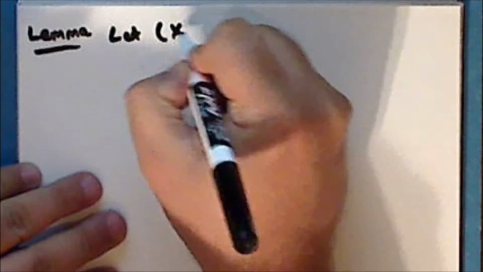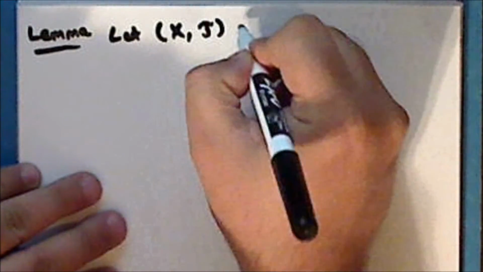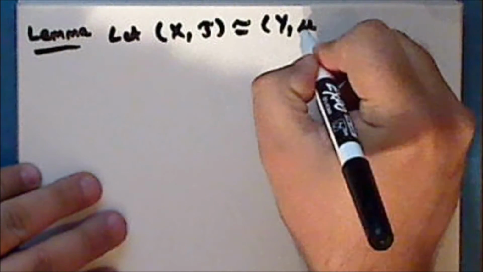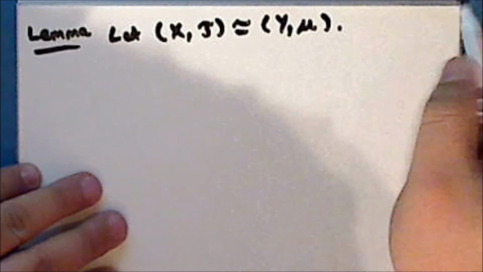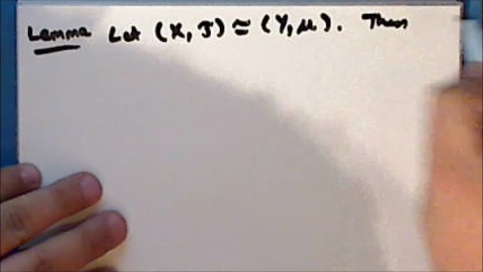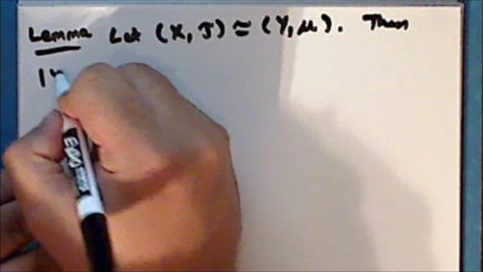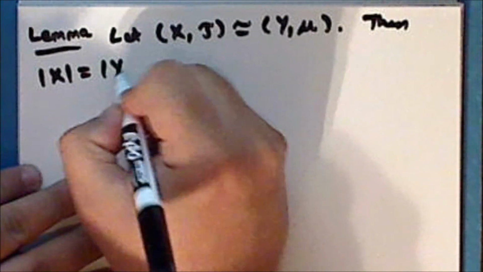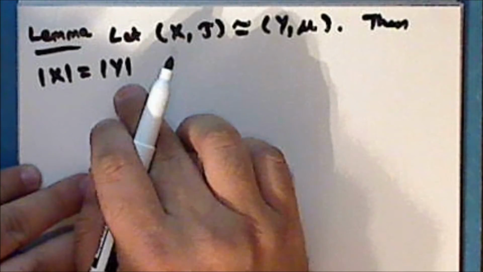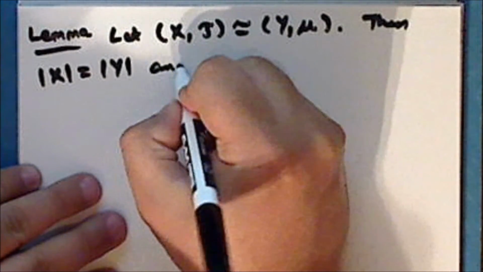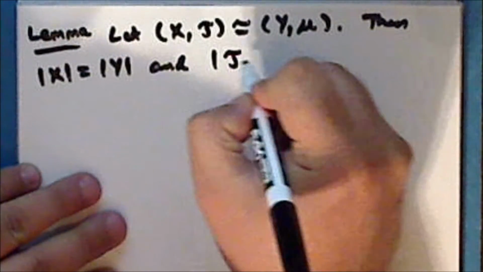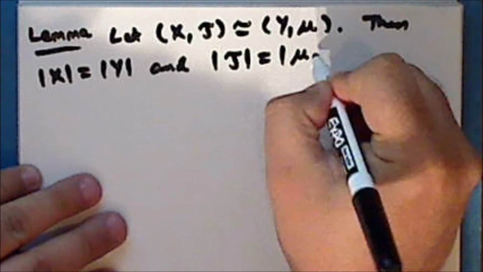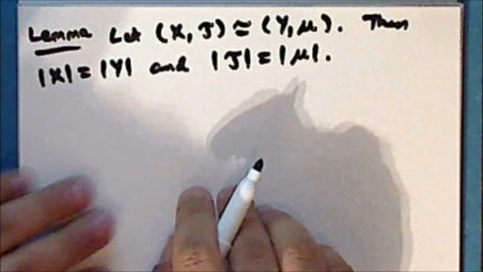Let the space X together with the topology tau be homeomorphic to the space Y with the topology mu. Then the cardinality of the underlying set X is equal to the cardinality of the underlying set Y, and the cardinality of the topology tau is equal to the cardinality of the topology mu.